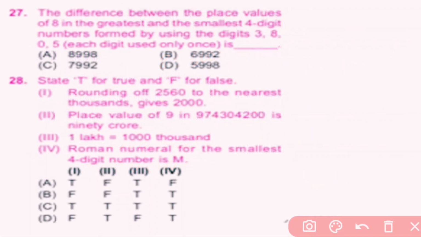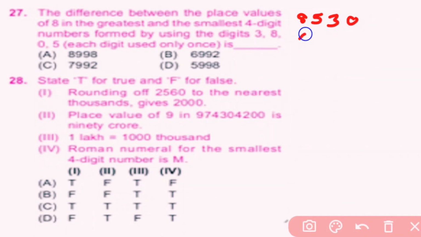Question number 27. The difference between the place value of 8 in the greatest and smallest 4-digit numbers formed by using the digits 3805, each digit used only once, is dash. For the greatest 4-digit number formed by using the digits 3805, we have to arrange them in big to small order: first 8, then 5, then 3 and then 0.